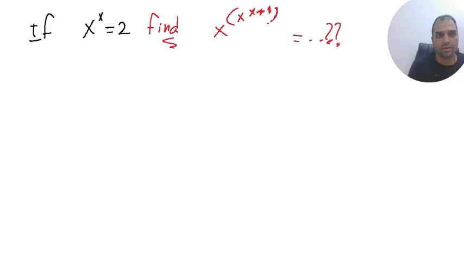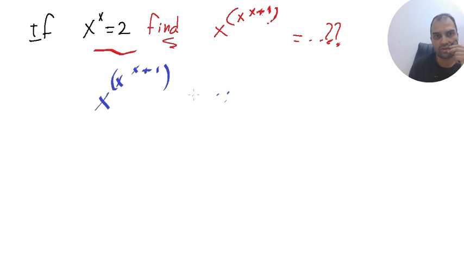Okay. Next question here, how can we solve this example. If x power x is equivalent to 2, we want to find the value of x power x plus 1. First step, to solve the example, you must simplify the expression. Write this, x power x and x power x plus 1.